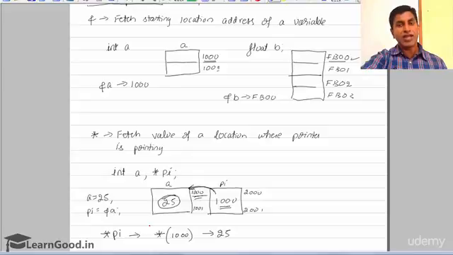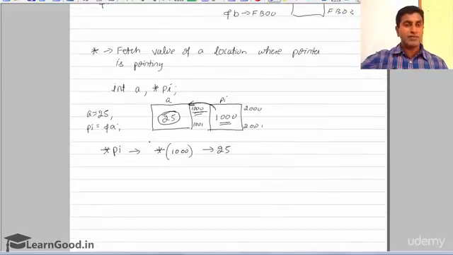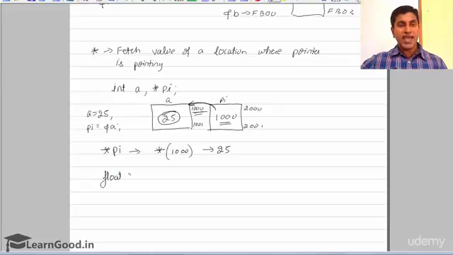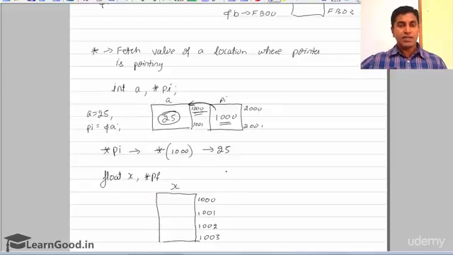The same can be done for any data type. Let's take an example of a float: float x and asterisk of pf. The variable x is made up of 4 bytes, and pf is made up of 2 bytes. Let's assume the starting address of pf is 2000 and the second location is 2001.